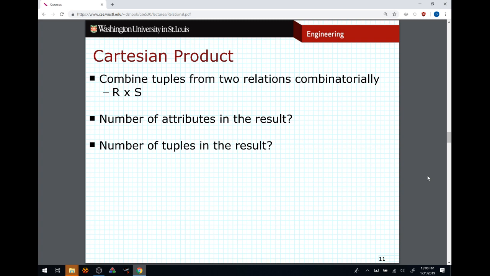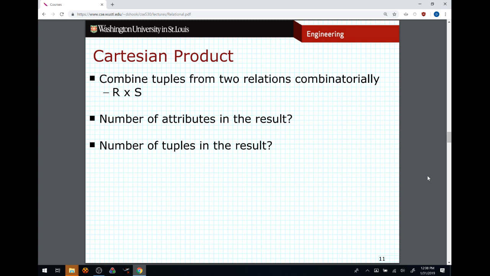The number of tuples in the result will be what? Yeah. All possible combinations of rows. All of them. Now, I'm claiming this is very important, but actually, a Cartesian product by itself has limited utility.